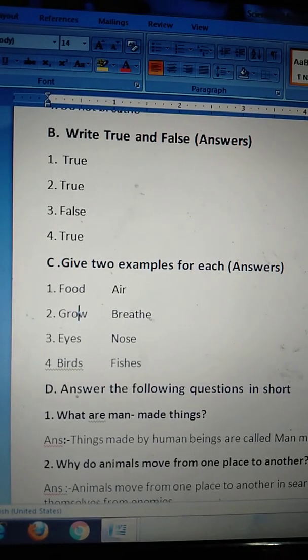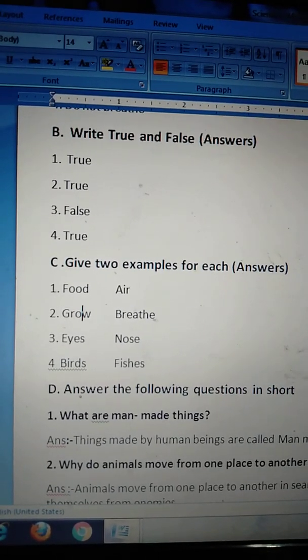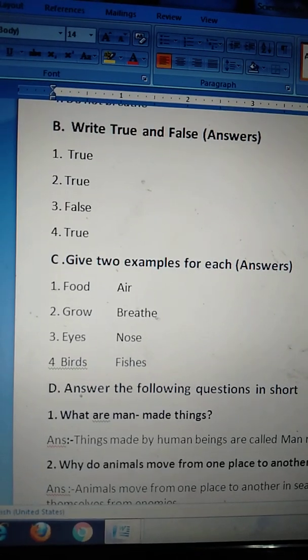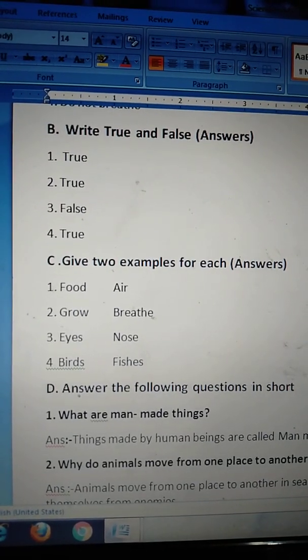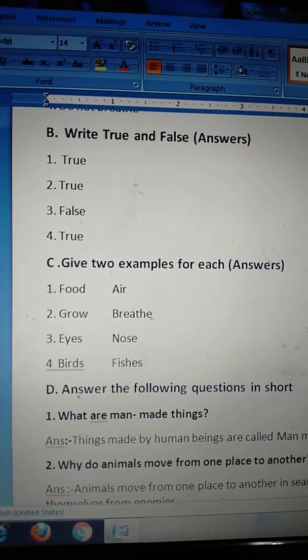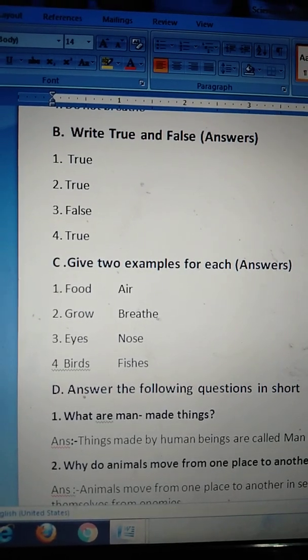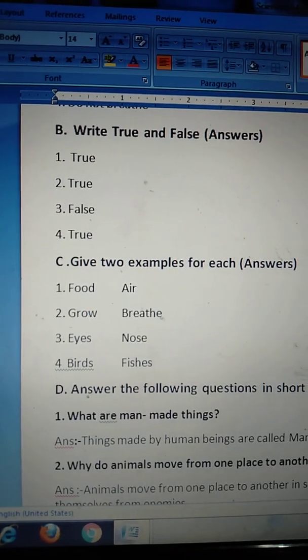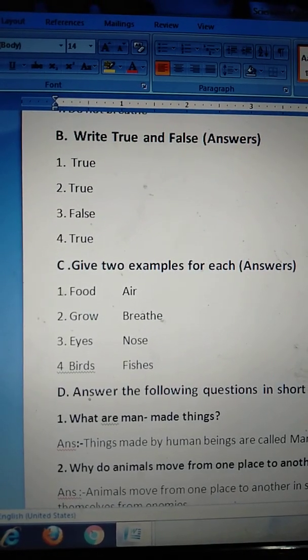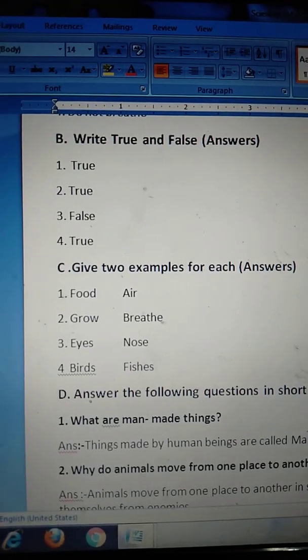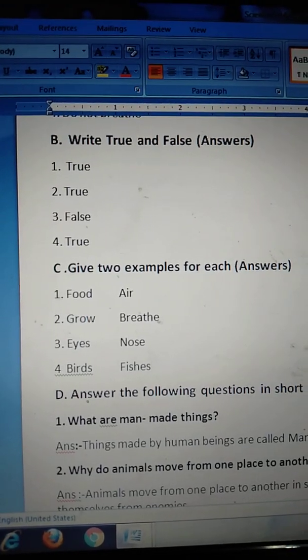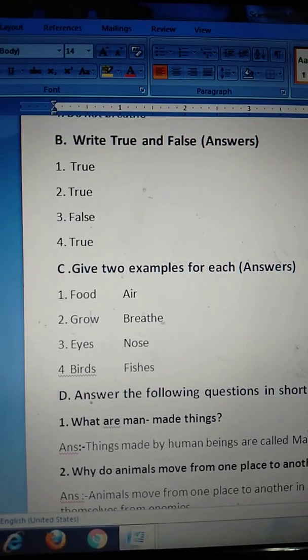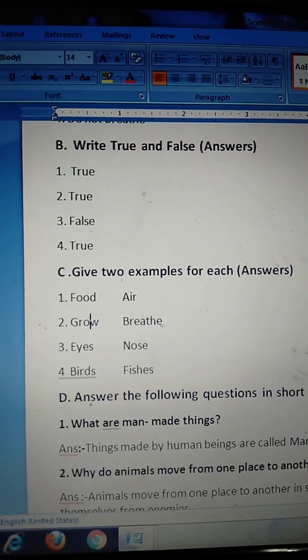The third question is sense organ. I've already taught you there are 5 sense organs. Eyes, ears, nose, tongue, skin. So you have to just write 2 examples of sense organs. The answers are eyes and nose. What is the fourth question? The fourth question is animals that lay eggs.